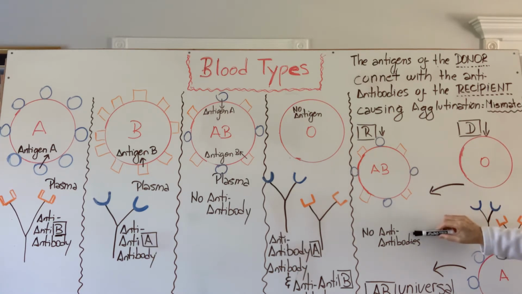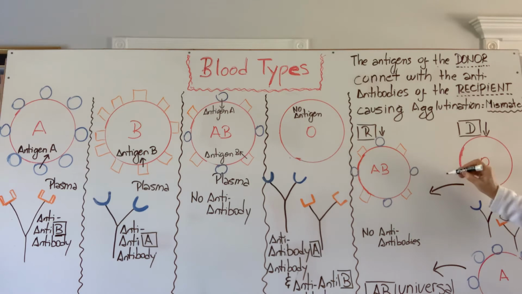And in the plasma of the recipient, I have no antibodies. Is it possible to conjugate or connect these no antigens with no antibodies? It's not possible. That's why O can be transfused safely into AB. So this one is a safe transfusion.